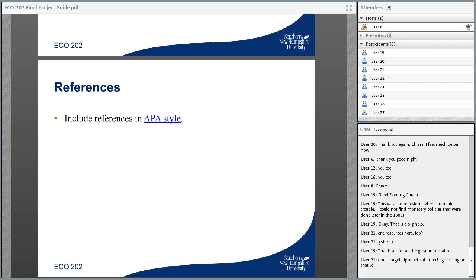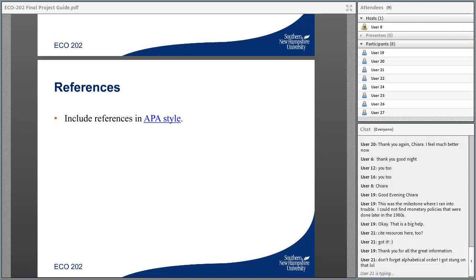I do not always check the alphabetical order, I will be honest. Some instructors are more strict than others on the APA style. I check for the formatting of the actual reference, that it is correct, and I check that your references are cited. So I will actually count all the references and make sure that there's at least that same number of different authors cited within, and that the citations are correct and consistent.